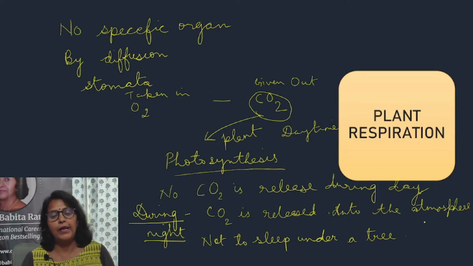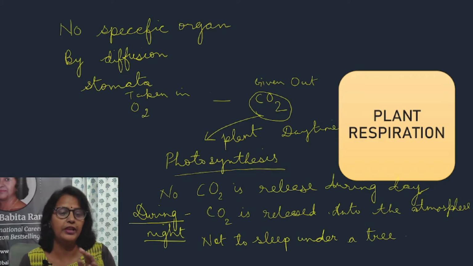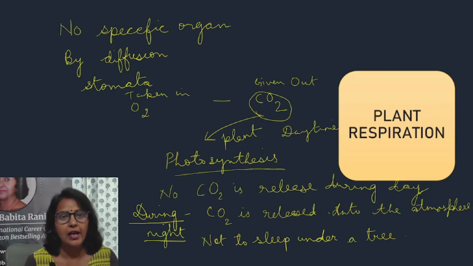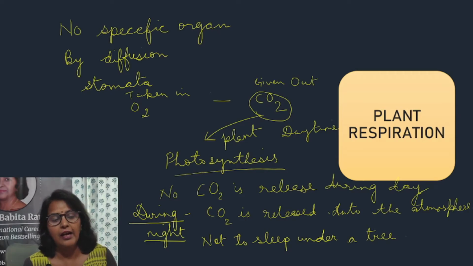So plants do not have any specific organ, but respiration takes place in plants both during the day and during the night, and the process through which air enters the plant or CO2 comes out of the plant is simple diffusion. According to the requirement of the plant, the diffusion will take place. Stomata also help in exchange of gases.